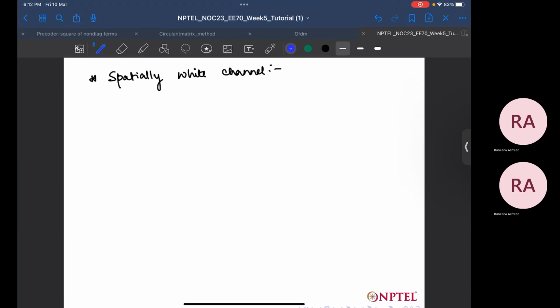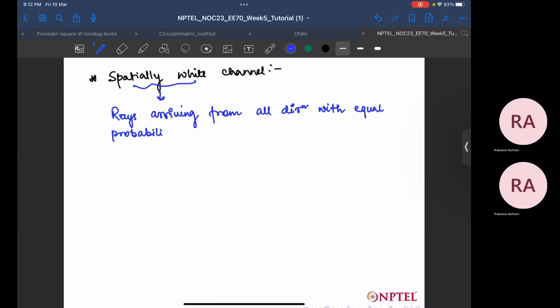Then moving on to the spatially white channel. Spatially white means that the rays are coming from all directions with equal probability. There are some properties of the spatially white channel, so I'll write it down once.